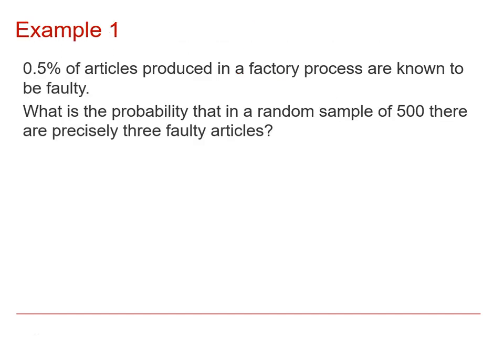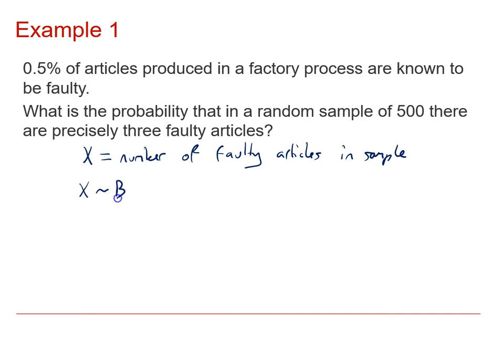In this example, 0.5% of articles produced in a factory are known to be faulty. What's the probability that in a random sample of 500 there are precisely 3 faulty articles? So, if x is the number of faulty articles in the sample, we know that x is distributed binomially with 500 trials and probability of success.